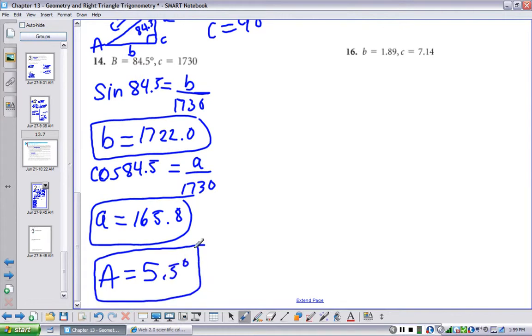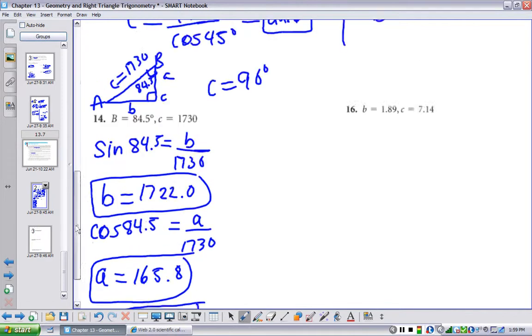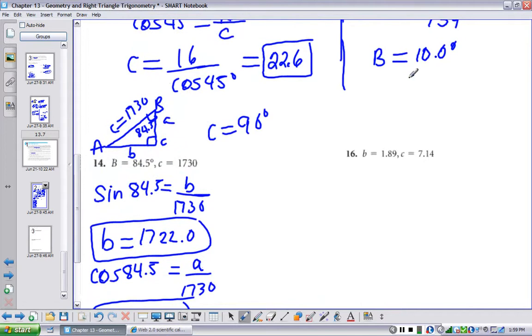That's our angle A. Remember, in the right triangle, angle C is always given. It's the 90-degree angle, if it's labeled that way. Generally, you do label the right triangle C.